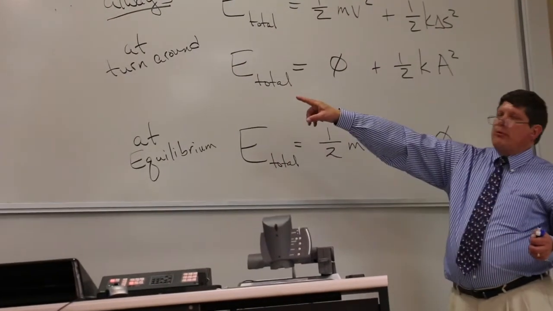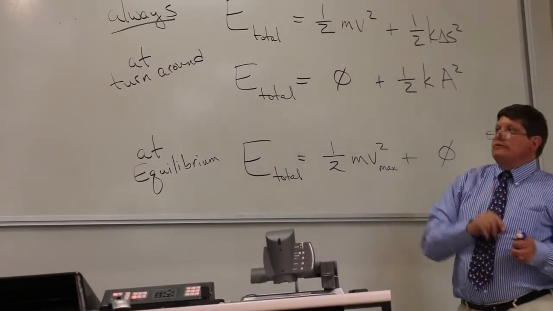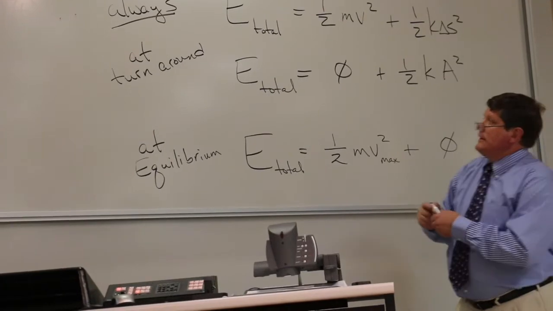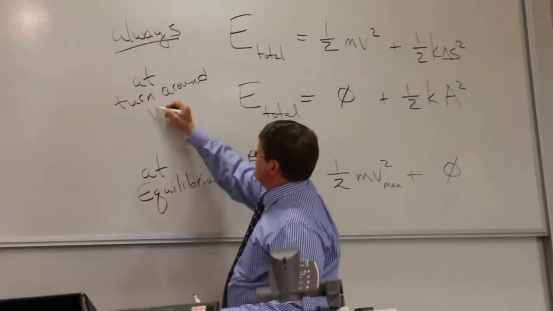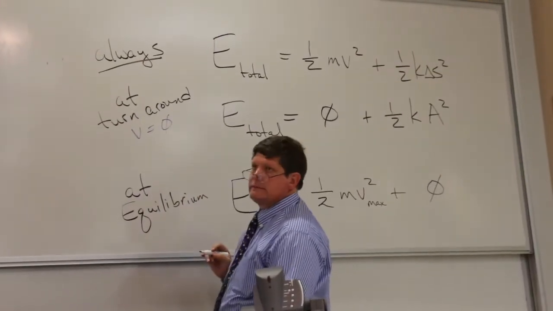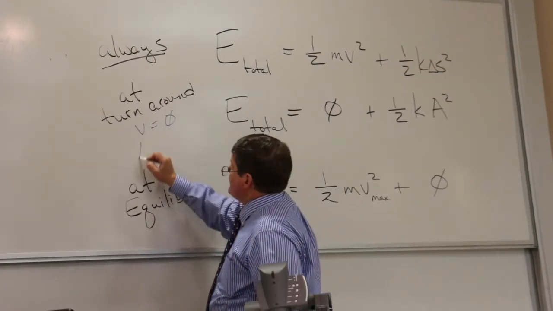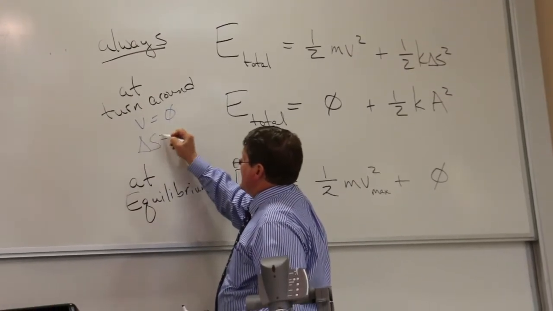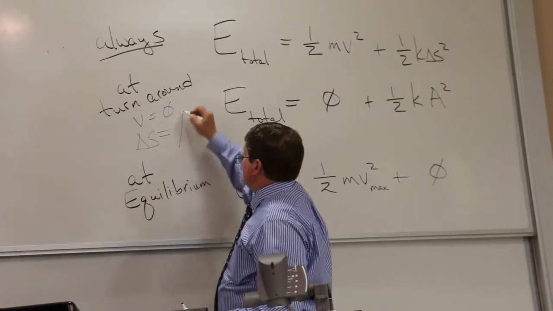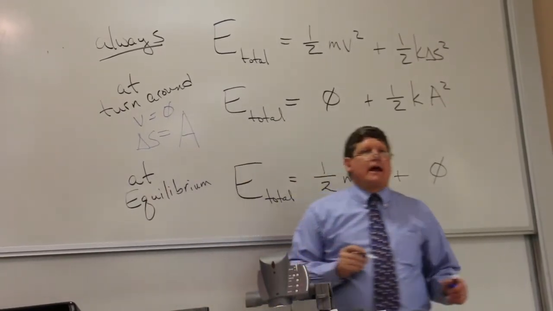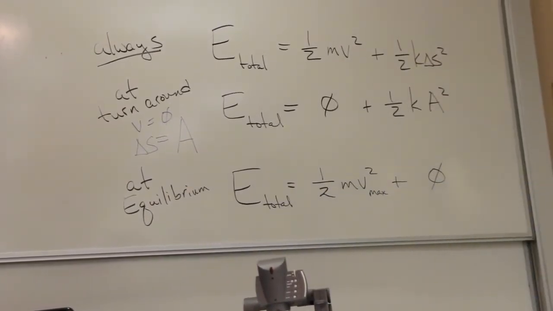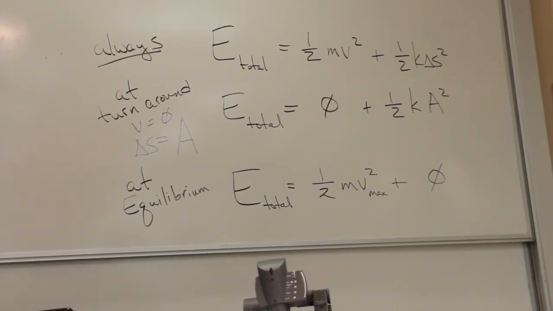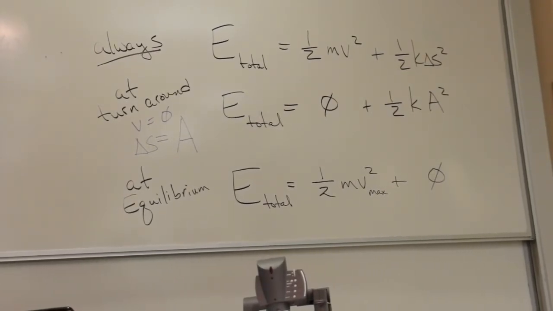At the turnaround points, at 16 centimeters to the right and 16 centimeters to the left, I have to stop to turn around. And at the turnaround point, my delta S is the biggest it's ever going to be. We give that a name, we call it the amplitude. Some of you are thinking of delta S and A as two different variables.